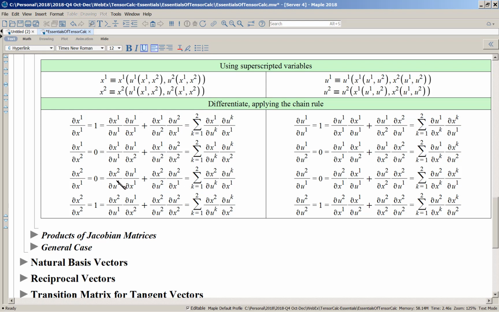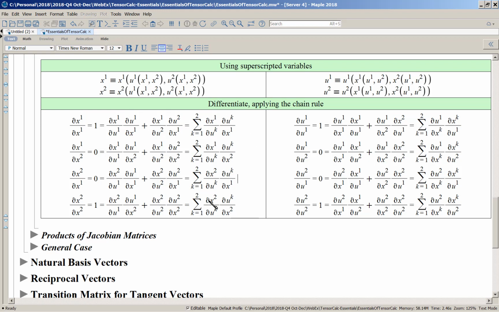Same thing happens down here. 2, 1, 2, 1, 1, 1, 2, 2. So you sum on this index, 2, 1 here. And finally down here it's 1, 1, 2, 2. So you sum on that pair of indices, and it's 2 here, 2 here, 2 here, 2 here, 2, 2.